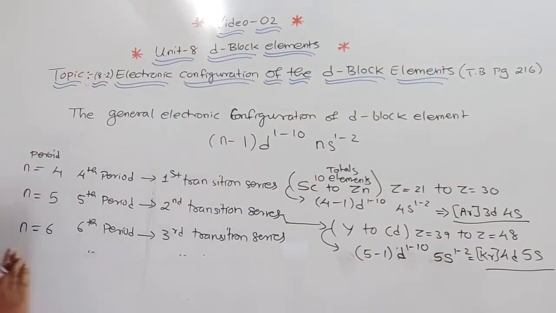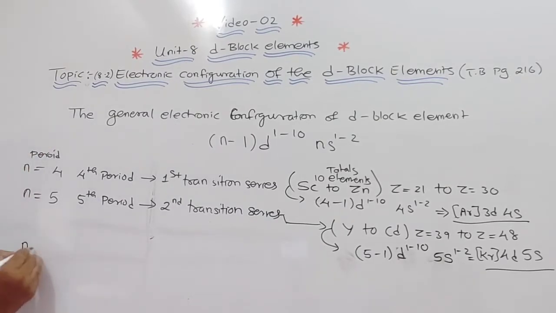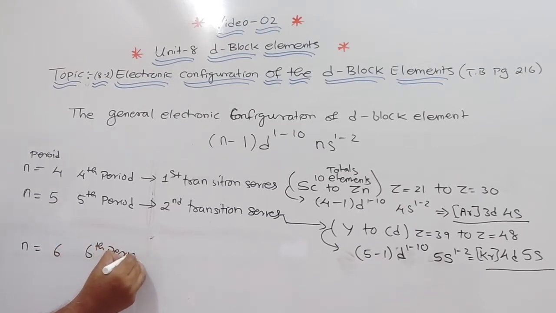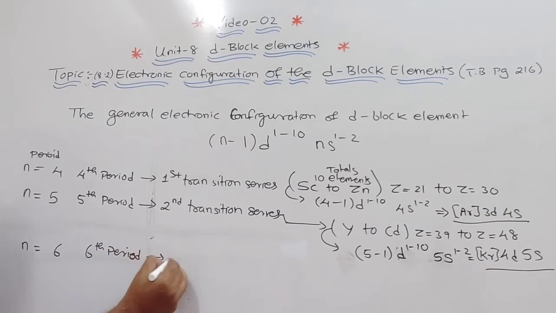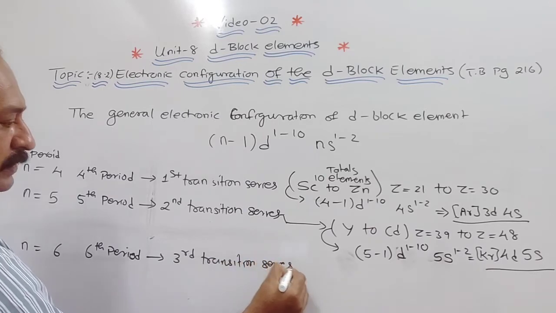Then when we say the third series, right here, n is equal to 6, sixth period, this is the third transition series. Clear?